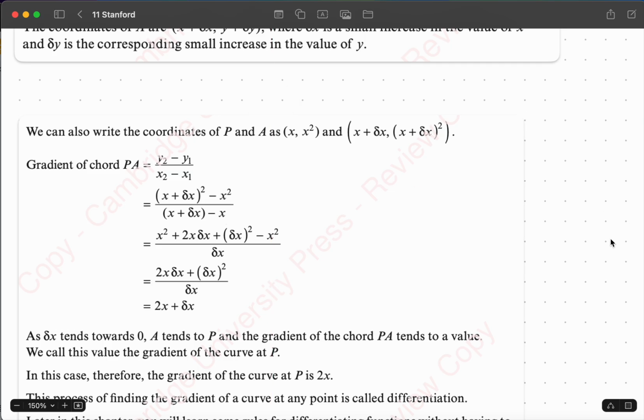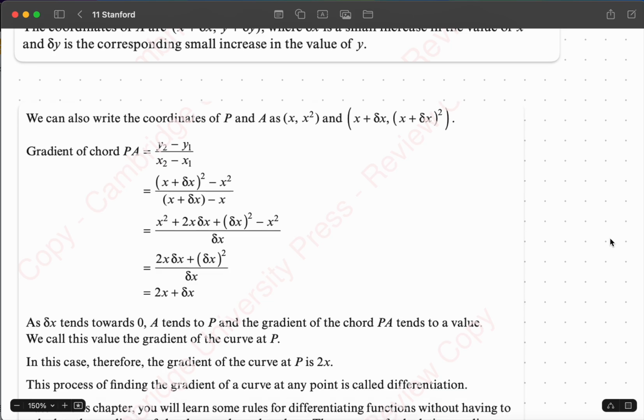Because the y of A is (x plus delta x) squared, we can expand the quadratic using the formula (a plus b) squared equals a squared plus 2ab plus b squared. So we get x squared plus 2 times x times delta x plus delta x squared, minus x squared, over x plus delta x minus x.